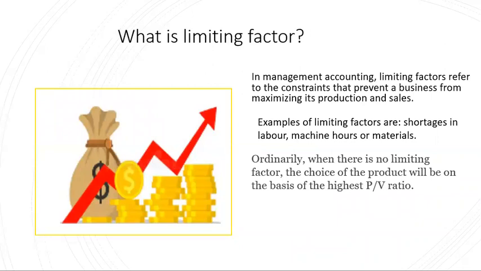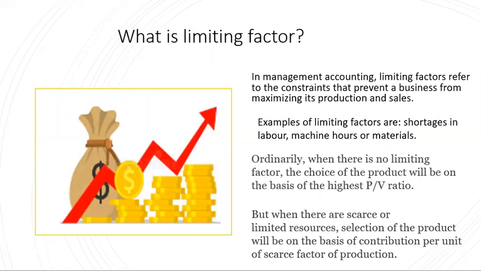Ordinarily, when there is no limiting factor, the choice of the product will be on the basis of the highest PV ratio. That we have already seen in our previous problem. But when there are scarce or limited resources, selection of the product will be based on the contribution per unit of scarce factors of production.